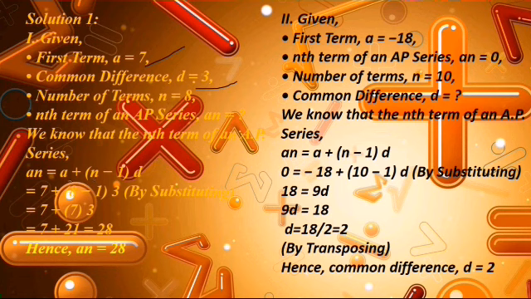Substituting, a is 7, n is 8, and d is 3. We get 7 plus 8 minus 1, that is 7, into 3, 21. 7 plus 21 is 28. So the nth term of the AP is 28.